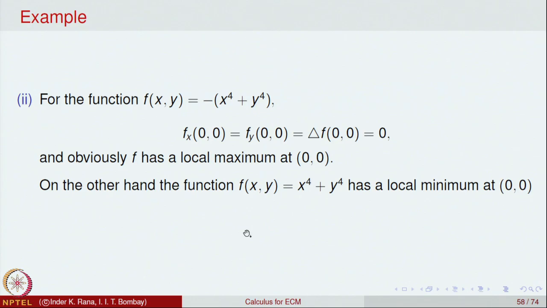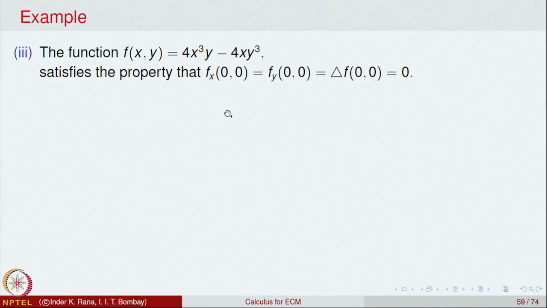The function will have a local minimum at the point (0, 0), because in that case f at (0, 0) is 0, but f at every other point will have a positive value. So, the idea of this example is that when the discriminant is 0, even if the point is a critical point, it may be a local maxima, it may be a local minima, as just now exhibited.